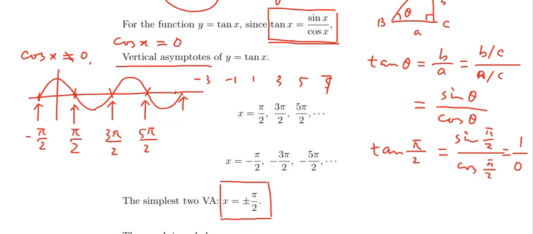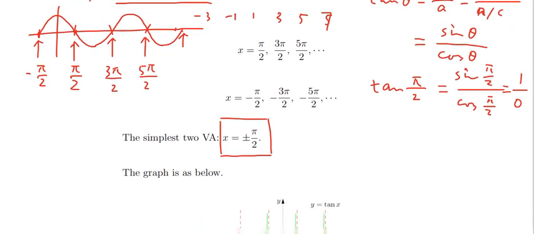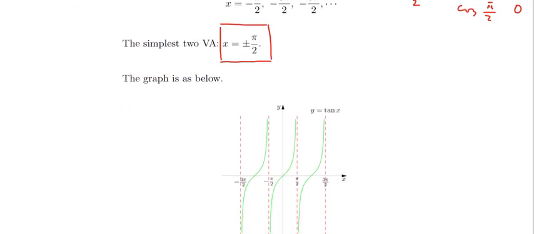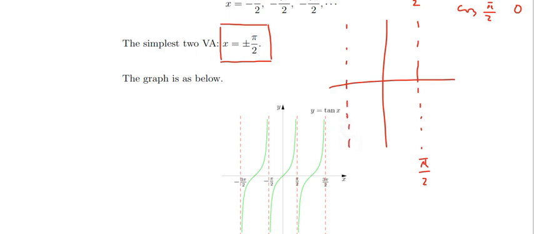So we can regard the tangent function as a rational function, and for a rational function the most important thing is the vertical asymptote. We have two vertical asymptotes, pi over 2 and negative pi over 2, so we can sketch the graph.